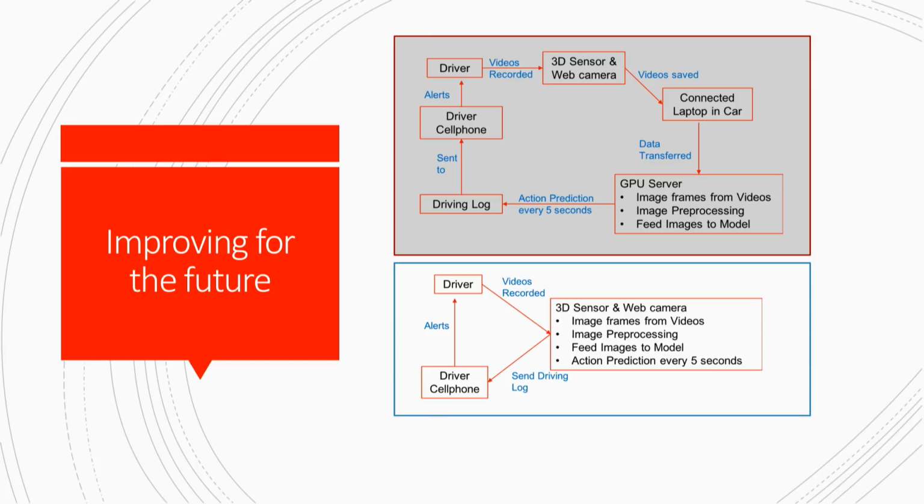When the driver's driving, it records a video, does all the pre-processing, runs the model, and gets the output. All that has to happen within the processor or chip within the device, and then send that feedback right to the driver on their cell phone as and when they are driving. That would be the ideal case for real-time monitoring. So improving on the architecture and scaling it would be the next step.